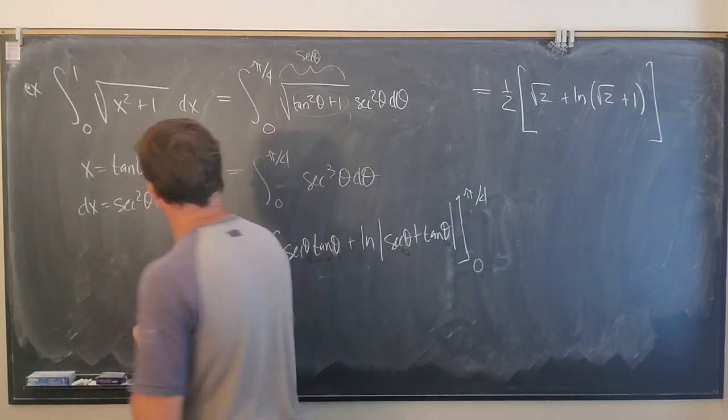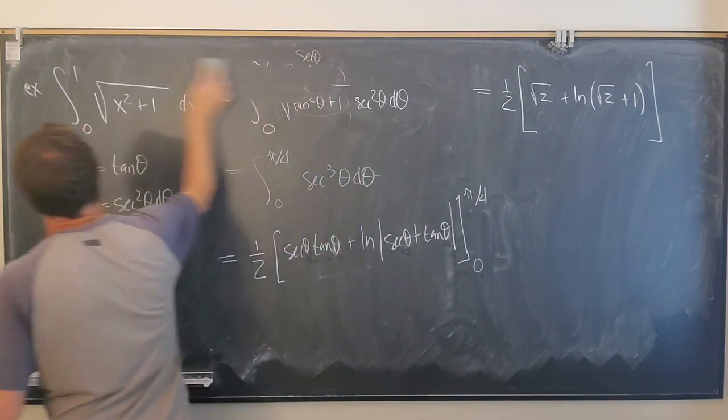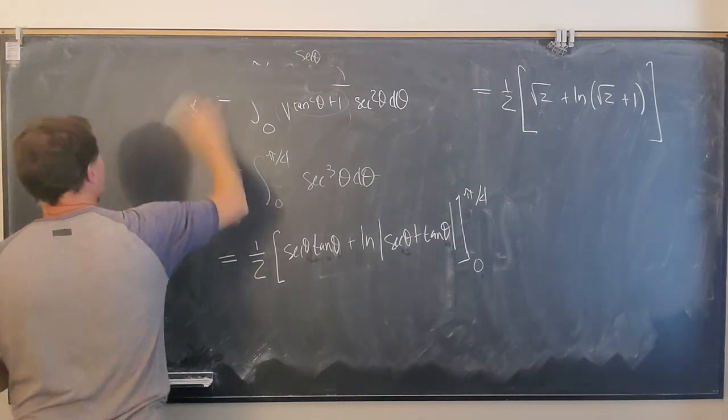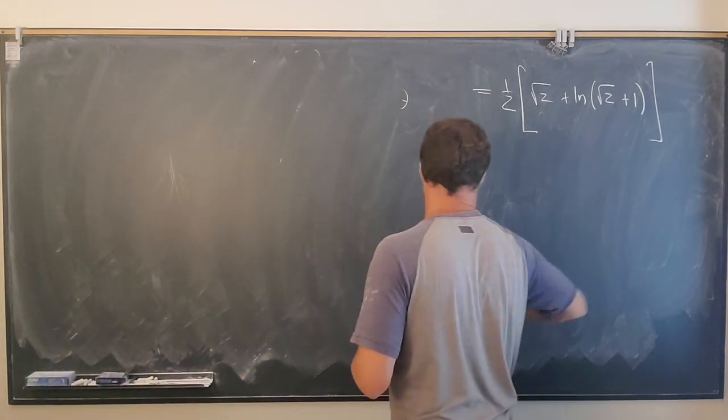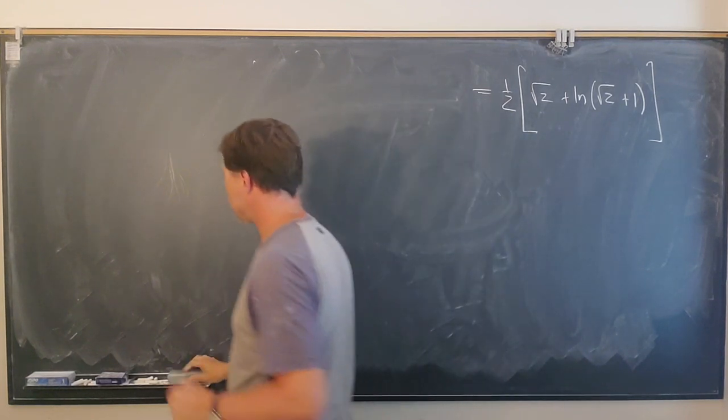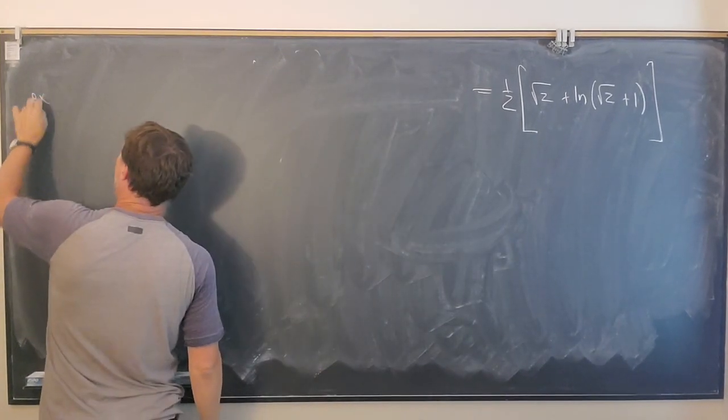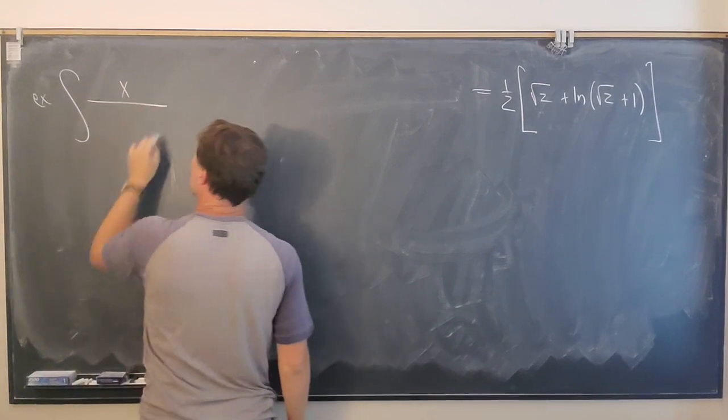I don't want to complete this example, but I want you to be aware. Trig substitution is designed to handle square roots. But just because you see a square root doesn't mean you absolutely have to use trig substitution.